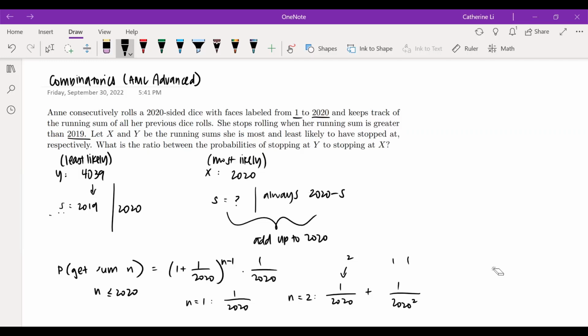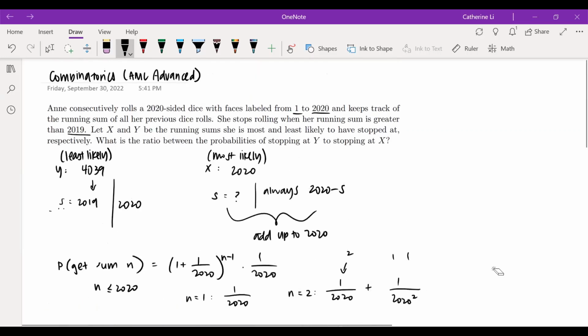And then you can imagine that for n equals k, we can get that value k at first, or we can get 1 and then k minus 1, or 2 and then k minus 2, and so on, up to k minus 1 and then 1, which is (k-1)/2020 squared.